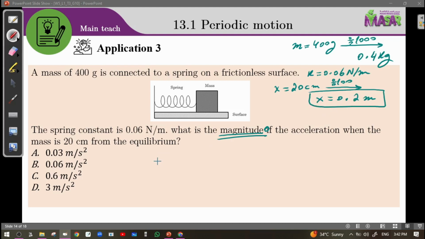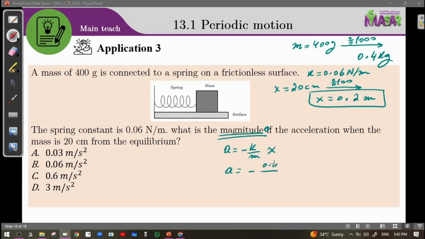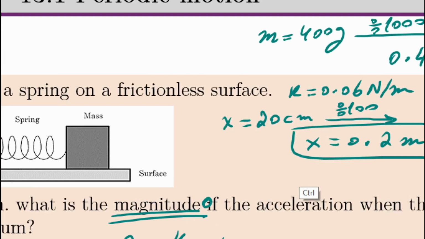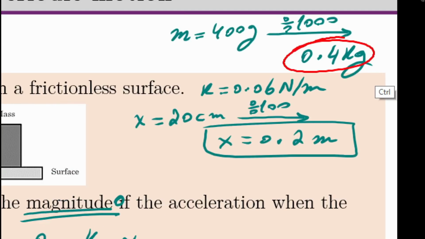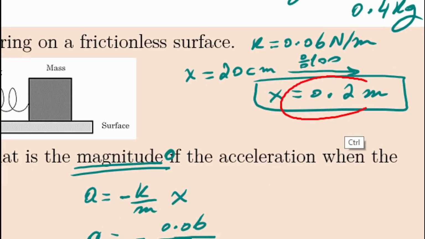Now, in order to find the magnitude of the acceleration, we should apply this formula. The acceleration is equal to minus k over m times x. The acceleration is equal to minus, the k is given by 0.06, the mass is given by 0.4, and the position x is 0.2.